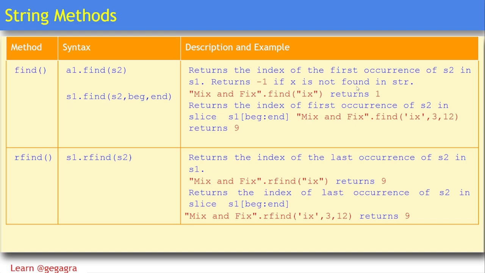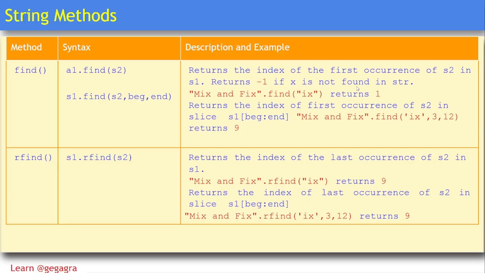Why will it return 9? Because 0, 1, 2 and 3 are the indexes, and from 3 onwards, 3, 4, 5, 6, 7, 8 and 9. So you'll find ix at index number 9. This is how find gives the index of the particular substring.